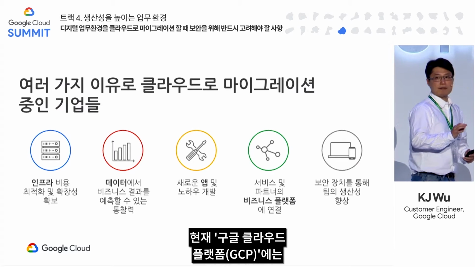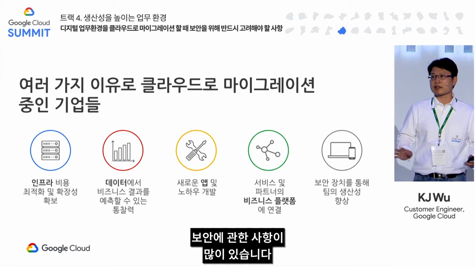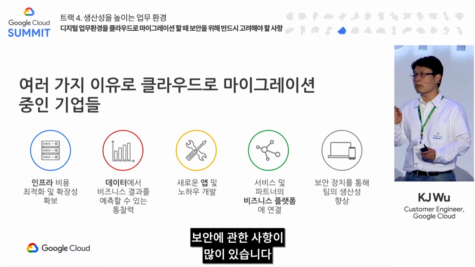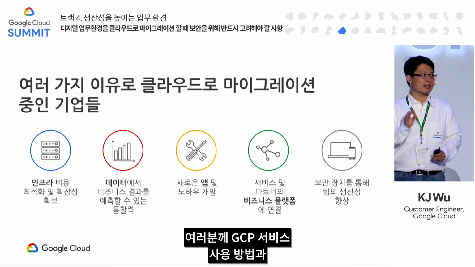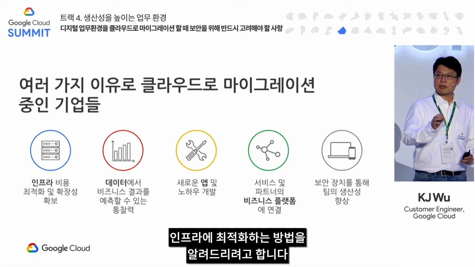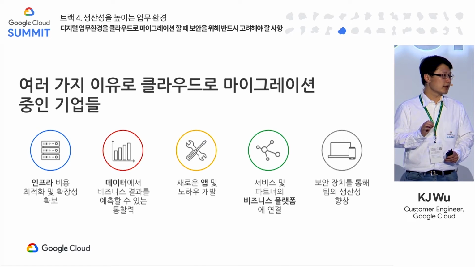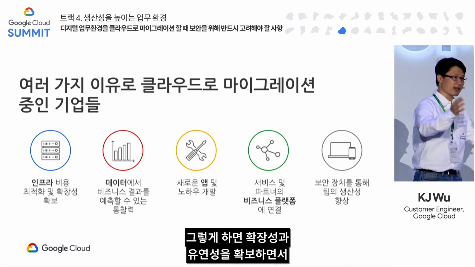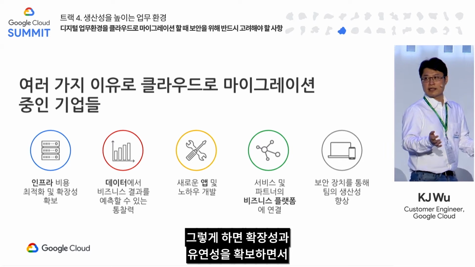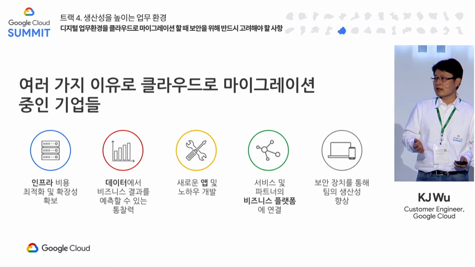I believe there are many sections today talking about Google Cloud Platform. They show you how to use GCP services to optimize your infrastructure and enjoy cloud benefits, for example scalability, flexibility, or even cost reduction.